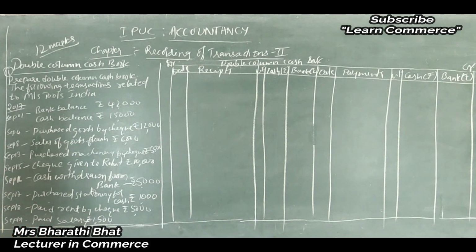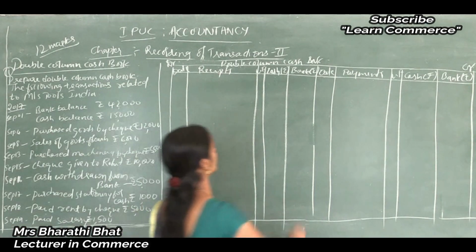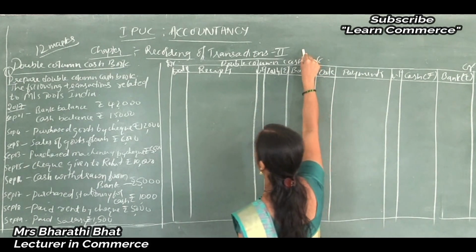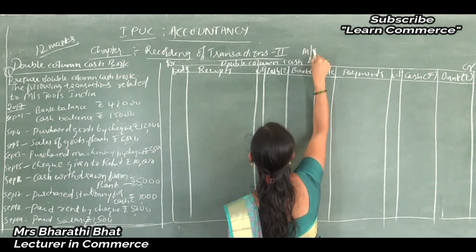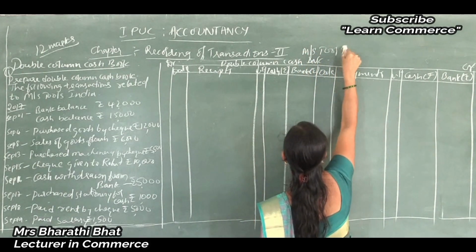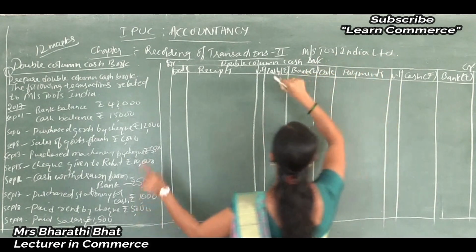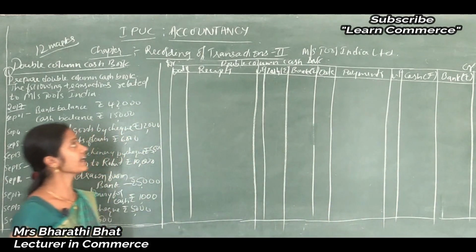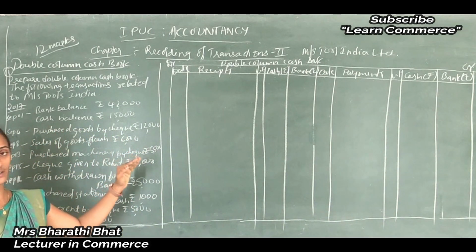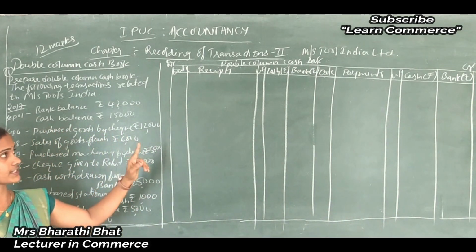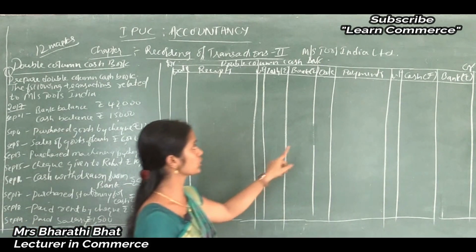Prepare a double column cash book from the following transactions related to Miss Tools India. Here we need to mention the name of that enterprise as Miss Tools India Limited, and below that, double column cash book. In the next step, draw the columns: date, receipts, LF, cash, bank.